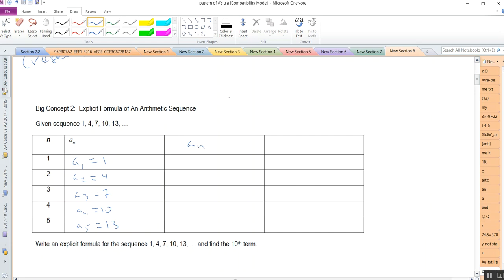Now, let me take this back a little bit. We'll put the common difference here. So the common difference, as we see here, is 3. Every time, right? We add 3 to get from 1 to 4, add 3 again to get from 4 to 7, and so forth. Now, this is the recursive formula.